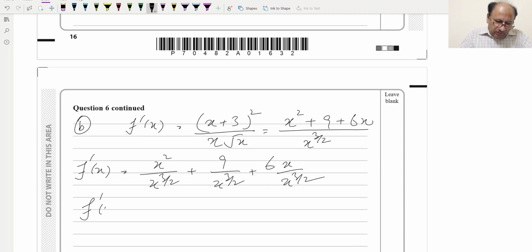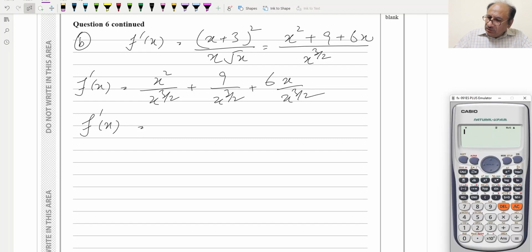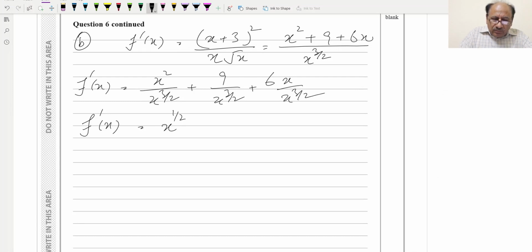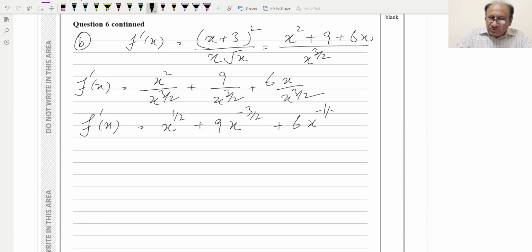Now x squared over x raised to 3 by 2: 2 minus 3 over 2 is equal to 1 by 2, so we can write x raised to 1 by 2, plus 9x raised to minus 3 by 2, plus 6x raised to 1 minus 3 over 2, which is minus 1 by 2. So we have simplified the equation.